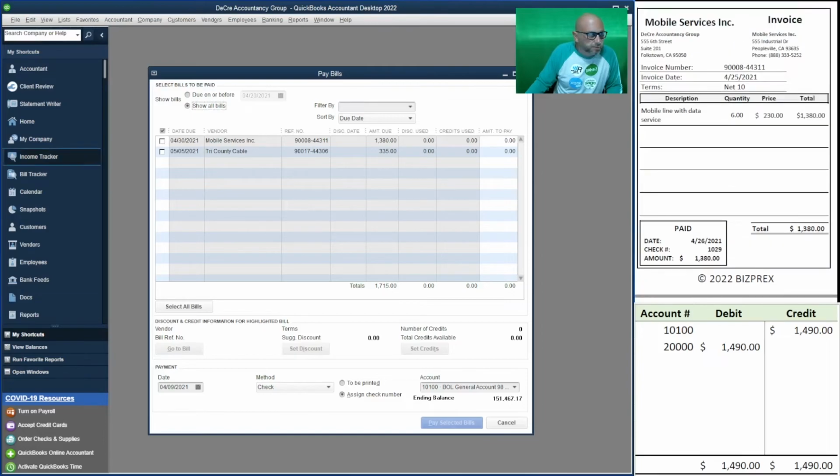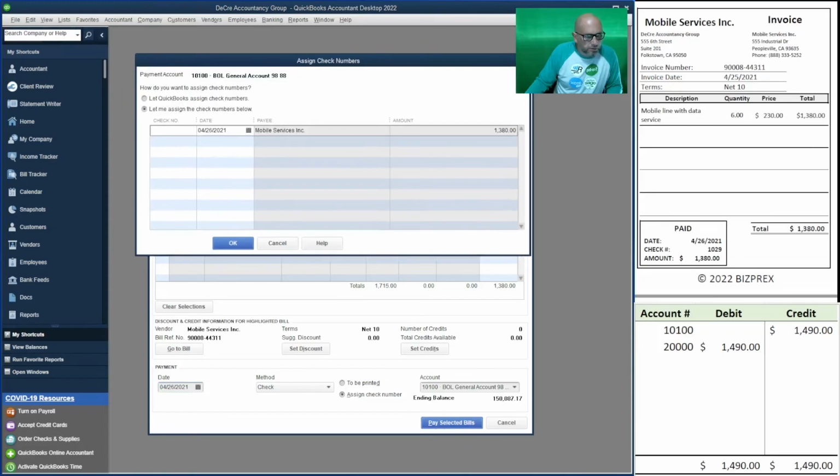All right, let's do that. 426. The only thing that changes at this point is the amount, right? Because we're reducing liabilities, 20,000, and we reduce liabilities by paying it out of our bank account, 10,100. So both accounts are therefore reduced, but one is liability, therefore it's reduced by debits, and the other is an asset, and therefore it is reduced by credits.